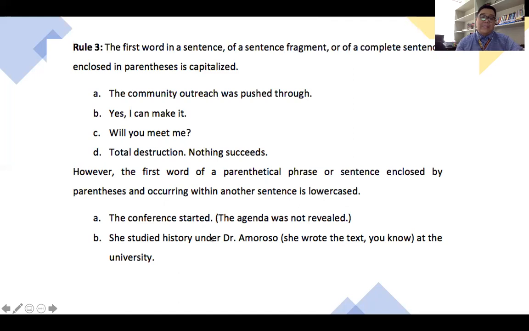Unlike with sentence B, she studied history under Dr. Amoroso. She wrote the text at the university. So this one is like an ad-lib, if it's spoken communication. But this one is just an insertion here, and it does not necessarily contribute to the meaning of the sentence. So you don't have to capitalize the first letter because this is not a complete sentence or it does not express a complete thought.